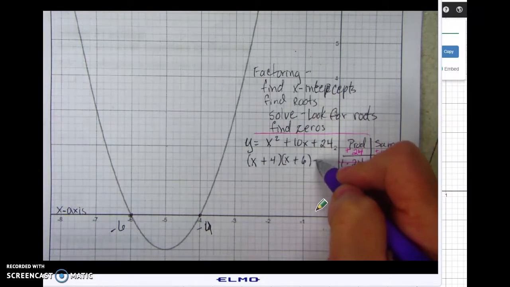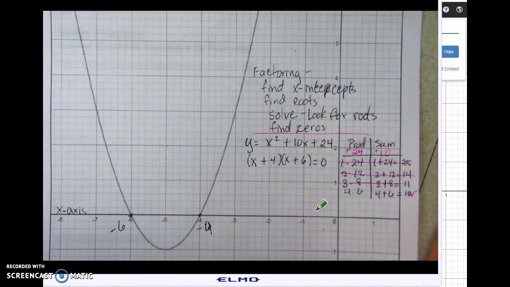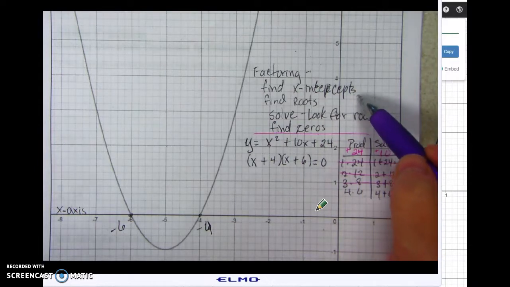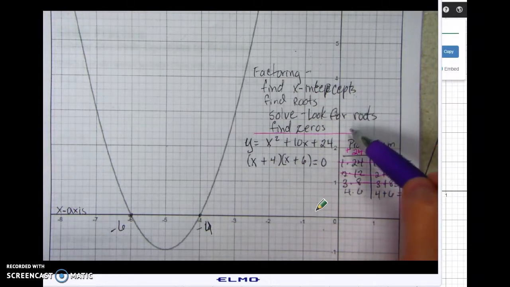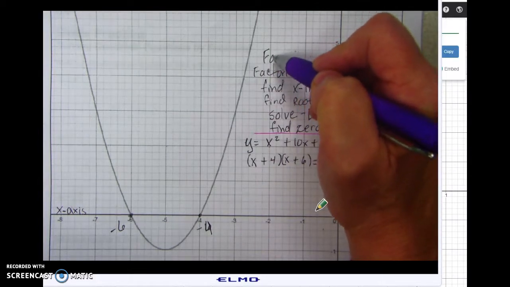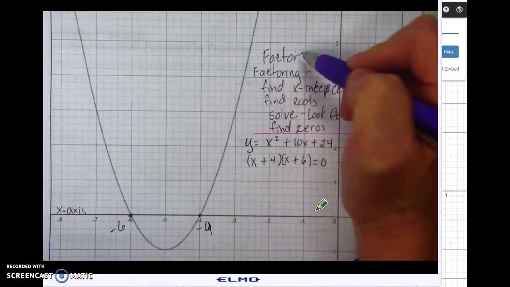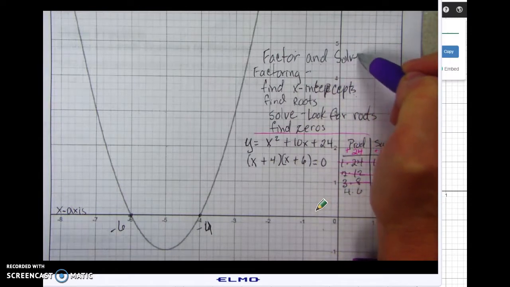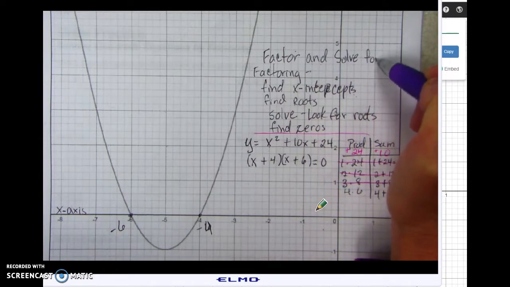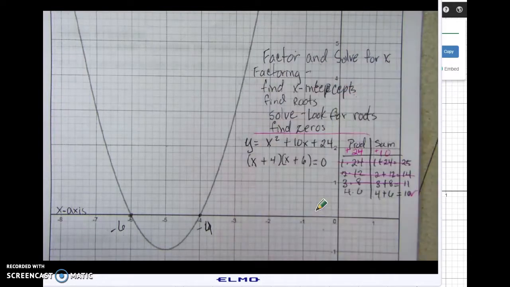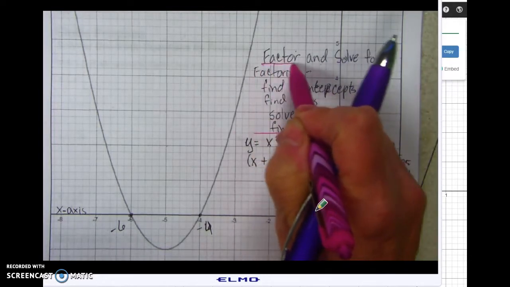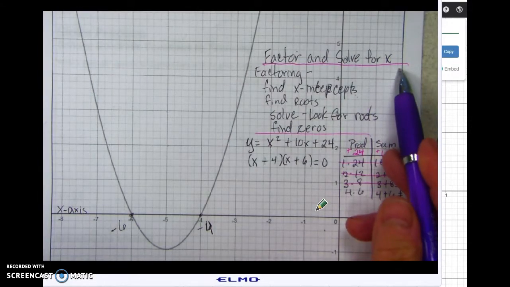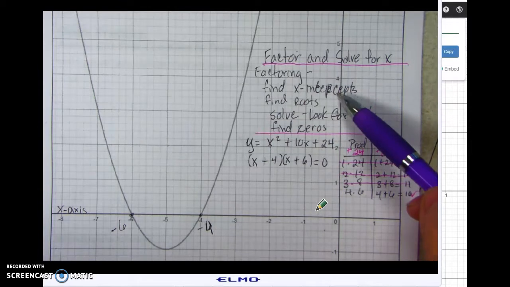And I'm going to set it equal to 0. Because what am I doing? I am factoring to find the x-intercepts, which means I'm going to factor and solve for x. So that's my goal here. Factor, solve for x, which means I'm looking for the x-intercepts.